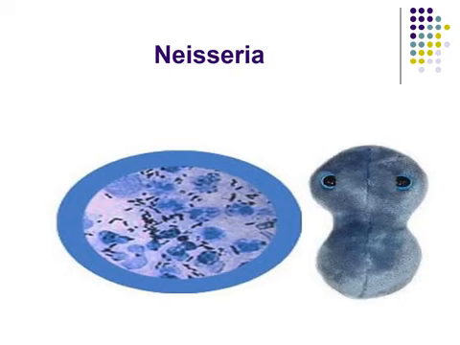But this genus contains two pathogenic species, exclusively human parasites: Neisseria gonorrhoeae, also known as gonococcus, and Neisseria meningitidis, also known as meningococcus. Neisseria gonorrhoeae causes gonorrhea in male and female, while Neisseria meningitidis causes meningitis, inflammation of the meninges.